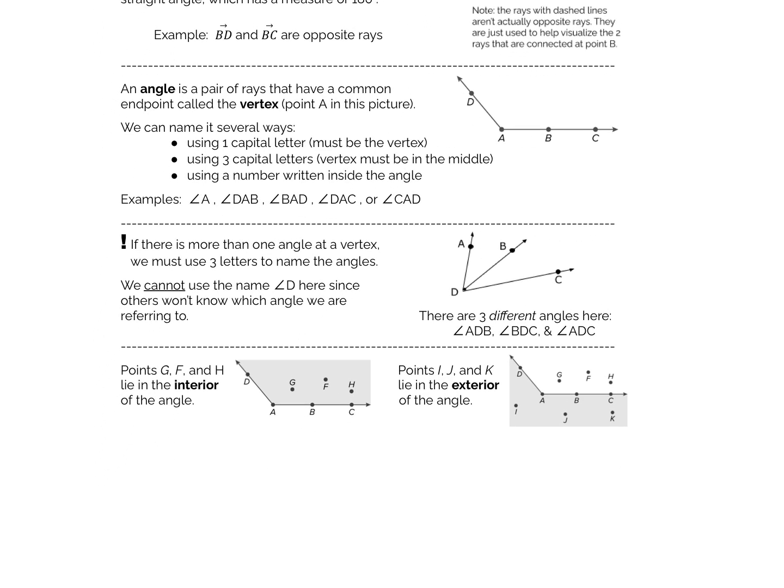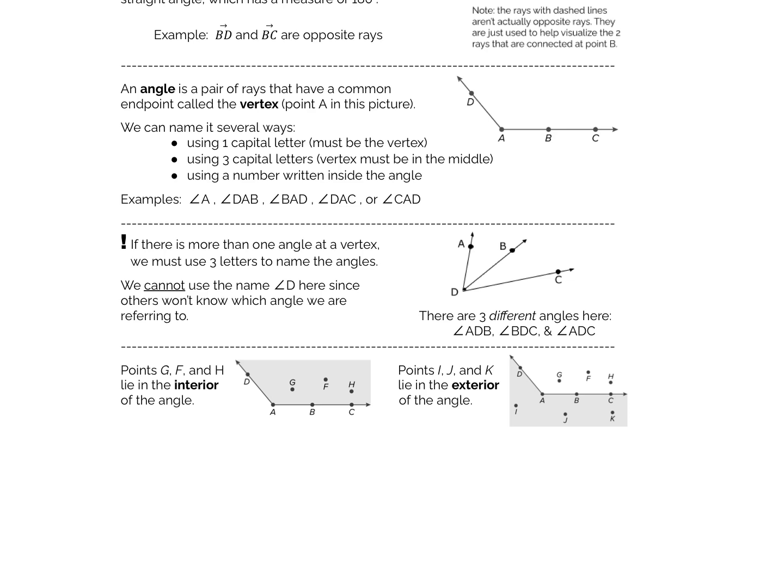If there's more than one angle at a vertex, we've got to use three letters to name the angles. We cannot use the name angle D in this case because others won't know which angle we're referring to, right? There's three different angles. We could call that angle ADB, we could call that angle BDC, or we could call that angle ADC, but we could not call that just angle D.